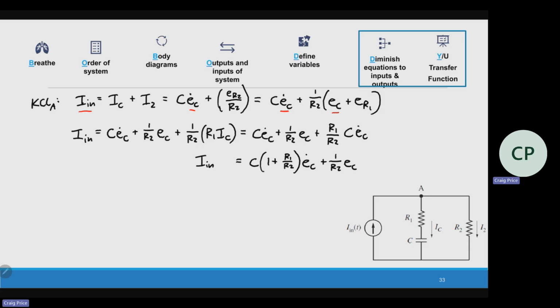Yeah, or multiply it both by R2. So if we do R2 over here, and we take all of this and multiply it by R2, then I get R2 times the current equals R1 plus R2 C EC dot plus EC.